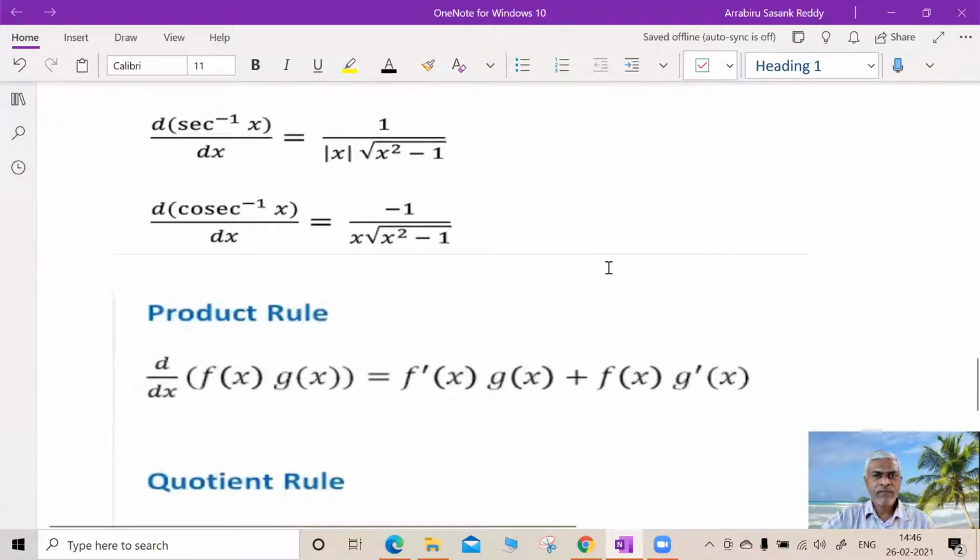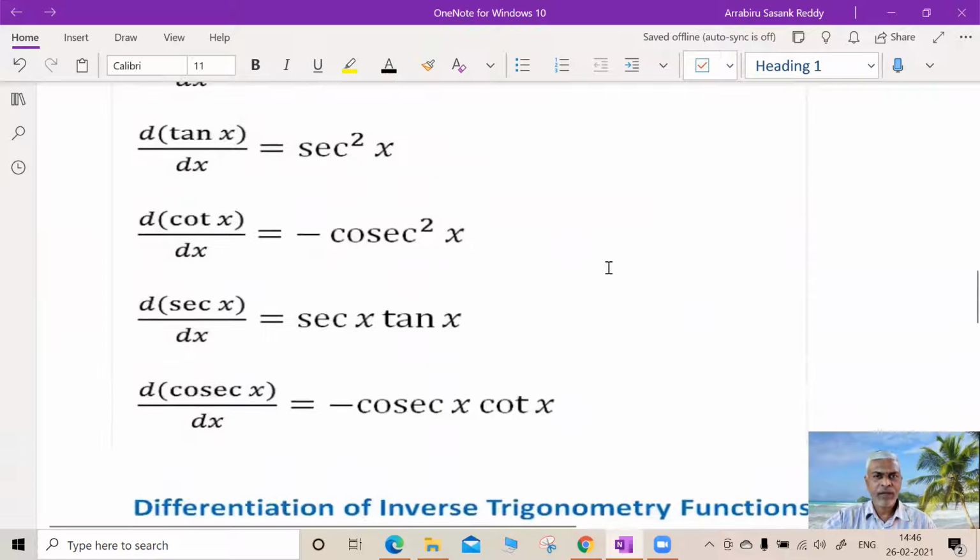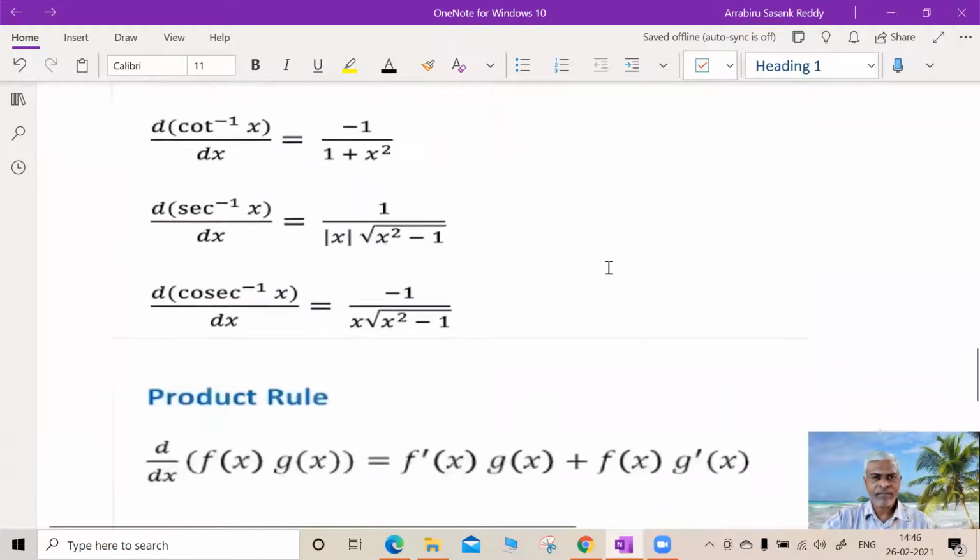So these are the basic concepts and formulae in differentiation.